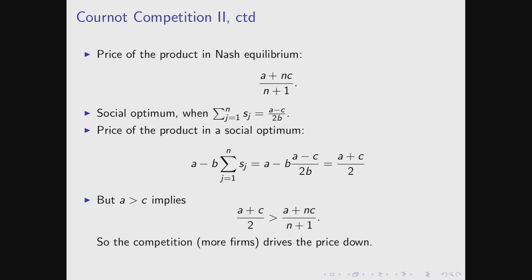So don't look at the numbers, just remember the message. The price in the social optimum for this game, which is (A plus C) divided by 2, is always bigger than the price in the Nash equilibrium.